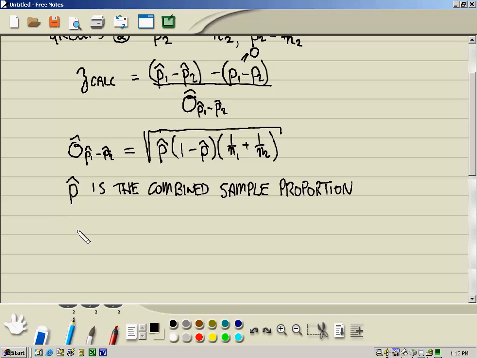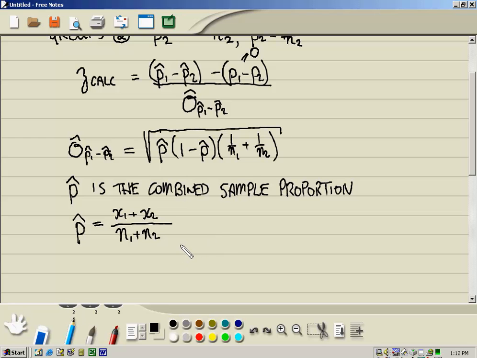The formula for p hat will be x1 plus x2, right? The number of items in each sample with a particular quality, divided by n1 plus n2, total number of items in both samples.